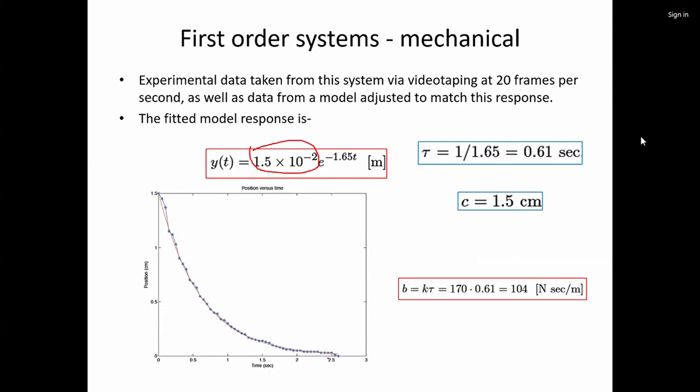And finally, it wants to come back to its original position, which is y equal to 0. And that happens over 5 times the time constant. So here our time constant is about 0.61. So you can see that at 5 times the time constant, which is close to 3 seconds, your output has come back to its original state, okay, which is 0 displacement.